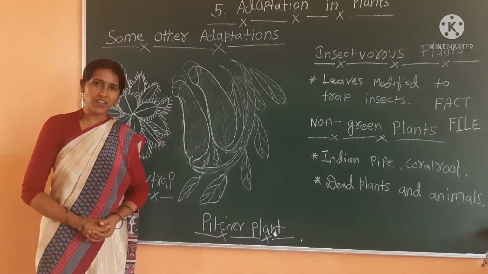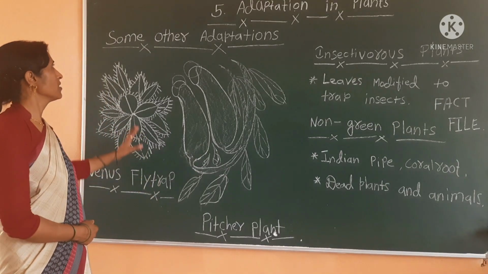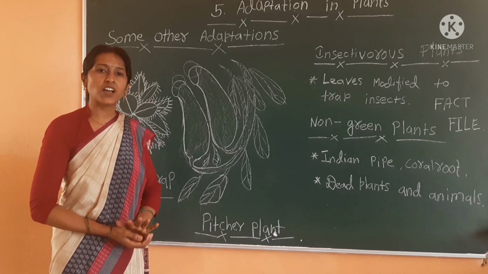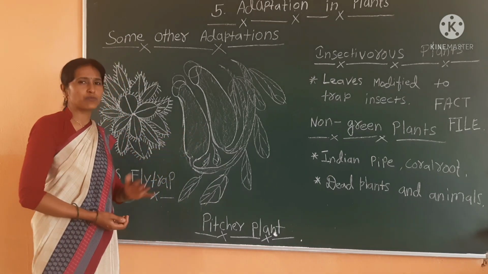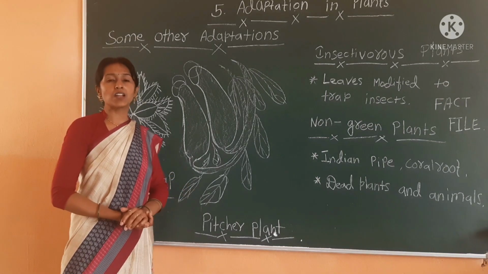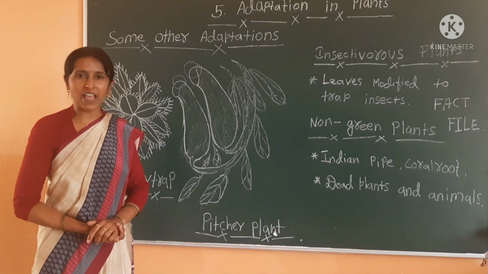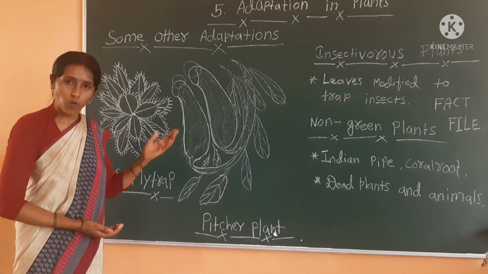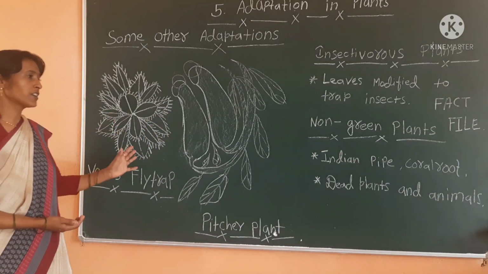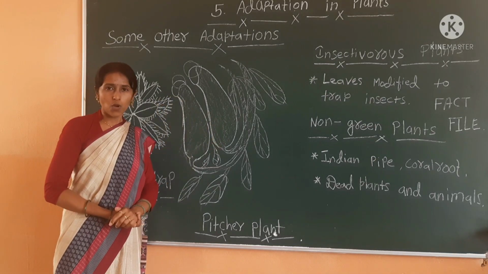After aquatic plants, the next topic is some other adaptations. We already discussed lots of topics for this chapter, like plants in deserts, plants on mountains, terrestrial plants, plants found in coastal areas, and all of the plants which are found in water also.